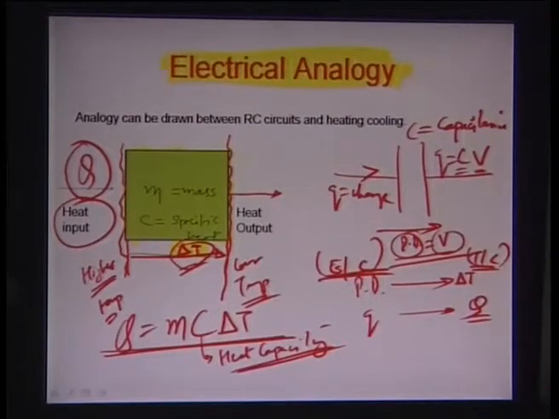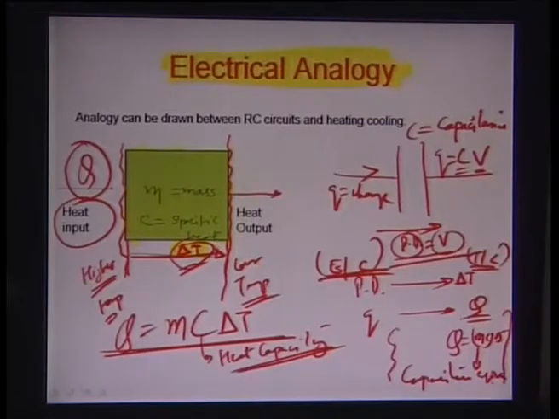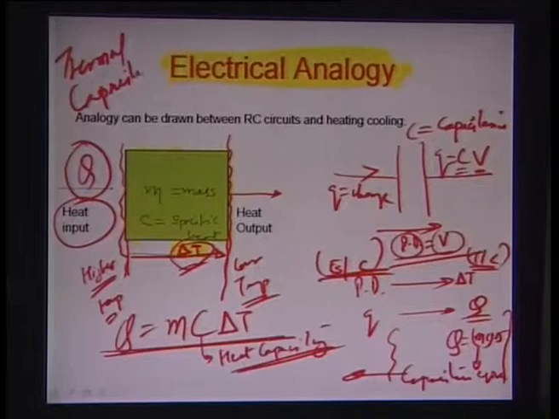So therefore, in the thermal circuit, Q is mc delta T, where mc is the capacitance equivalent of a thermal circuit. So the thermal capacity of such a circuit is also mass times the specific heat capacity of the material.